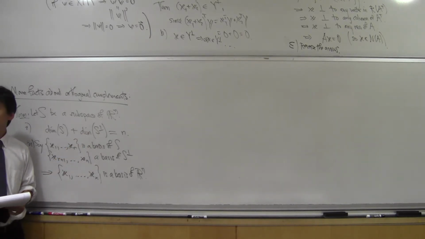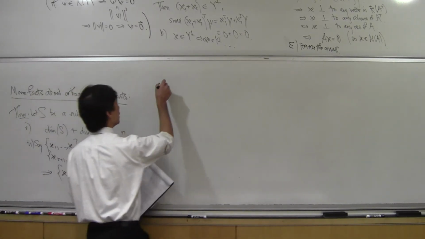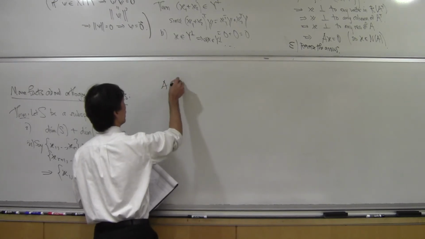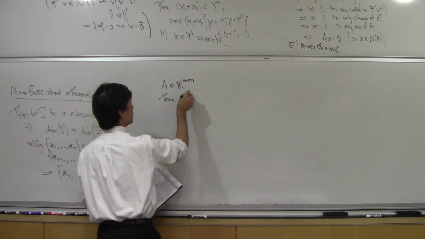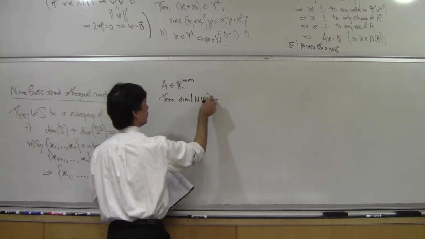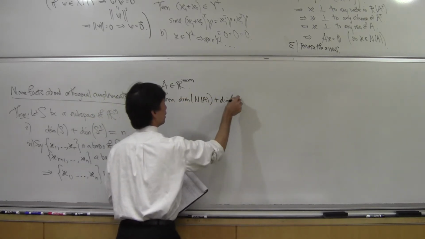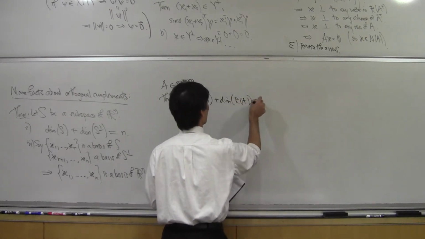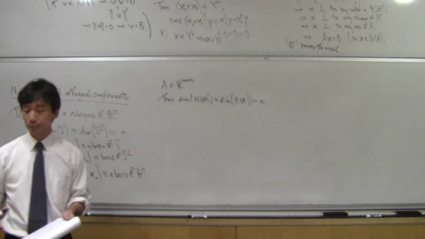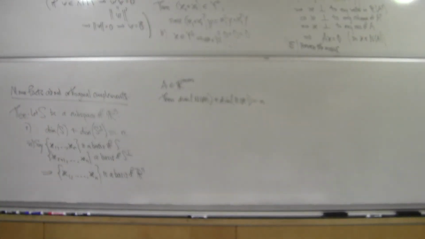Remember the rank theorem: if A is an n by n matrix, then the dimension of the null space plus the rank equals n. Dimension of the column space.